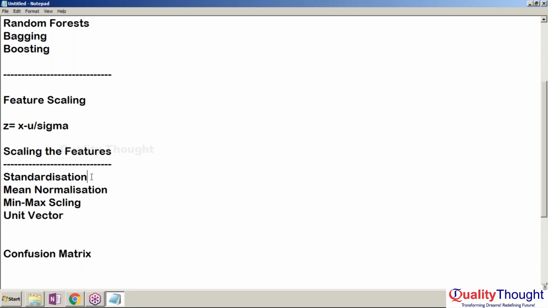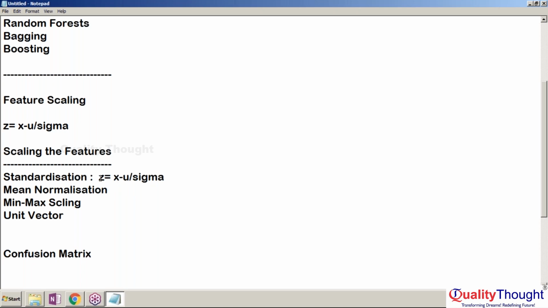Whenever you are thinking about standardization, guys, what this will do, the standardization will replace the values with the Z scores. This is what we have done, right? What is the Z score formula? Z is equal to x minus mu divided by sigma. Okay, so what about the mean normalization? Here, we should understand the standard normal distribution.